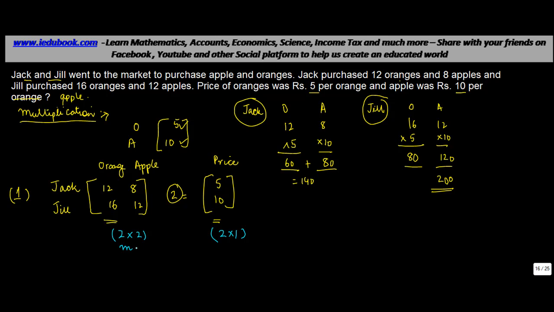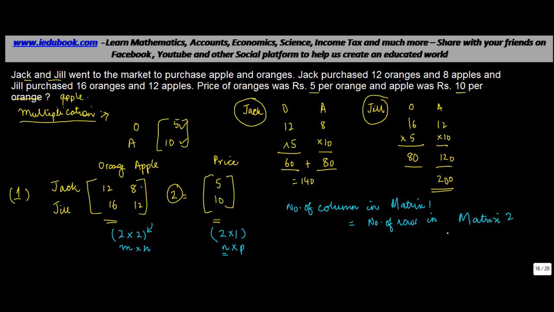So if you represent this as m into n, here this is n into p. We take this as n only. Why? The reason is that in order to multiply two matrices, it is important that the number of columns in matrix 1 has to be equal to the number of rows in matrix 2.